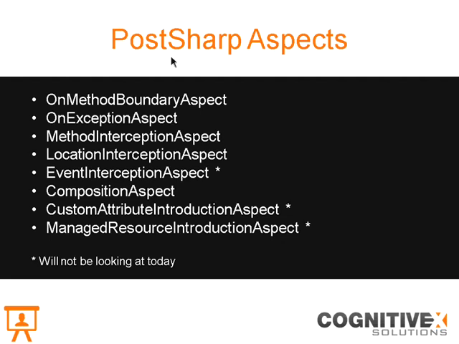The next one we have is the method interception aspect. This aspect actually replaces the call to the method that you've decorated with its own code. It also has the ability, once it's done that, to call the original method that it has replaced.